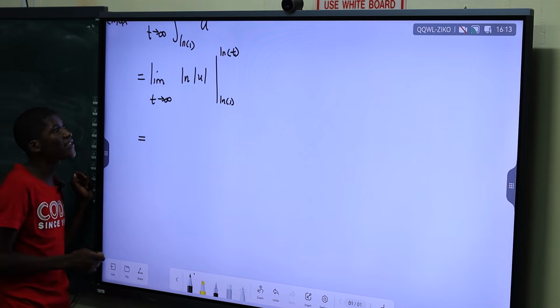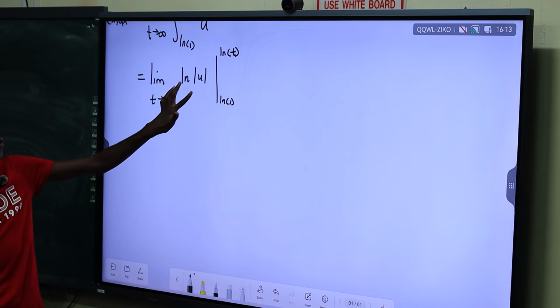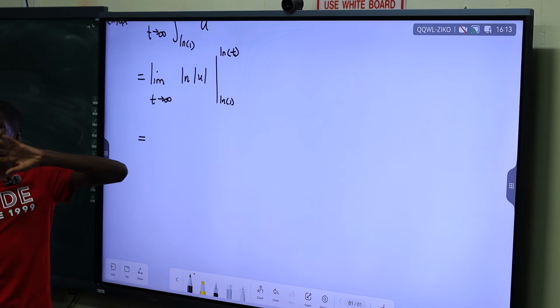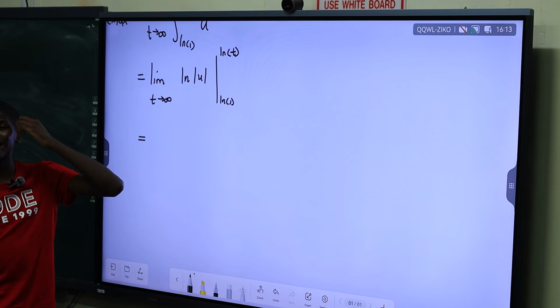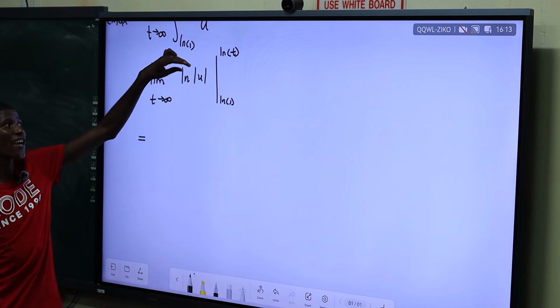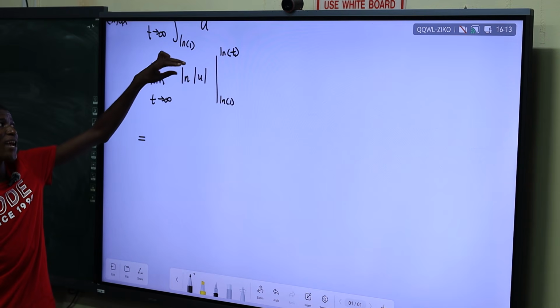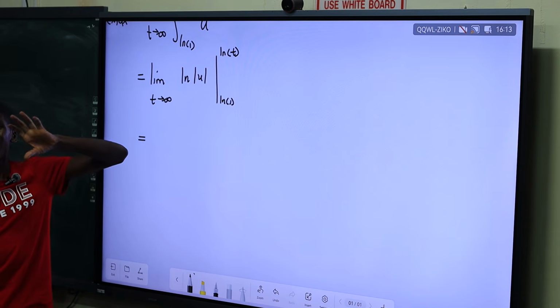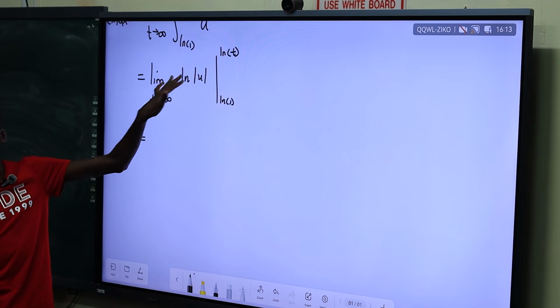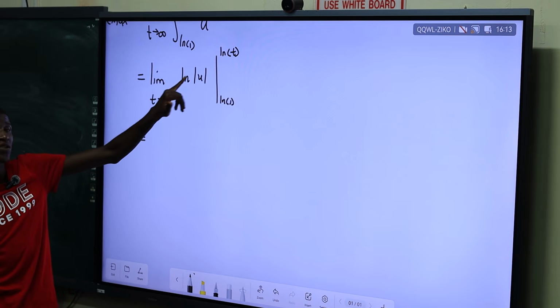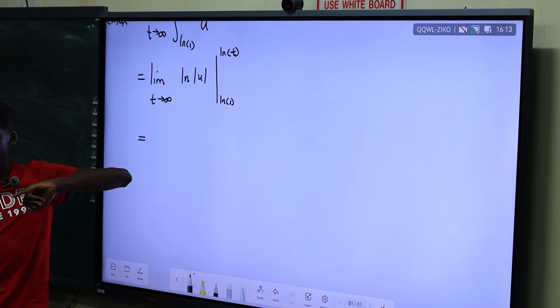Remember, with ln, the domain is always x greater than 0. You know that, I'm saying. The argument of ln must never be a negative number. You guys know that from calculus 1. So when I'm saying ln of the absolute value of u, it's because whatever value of u we put here, it must be positive.